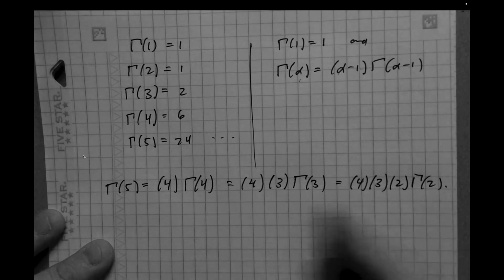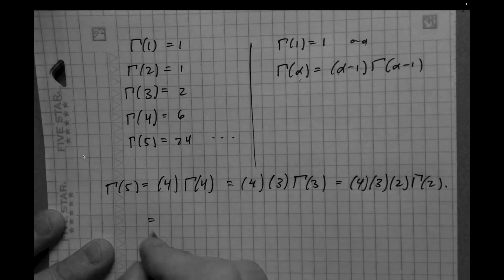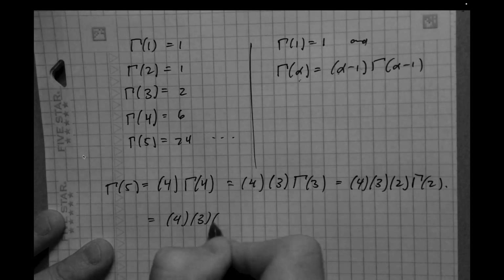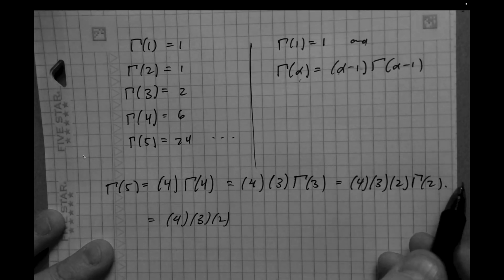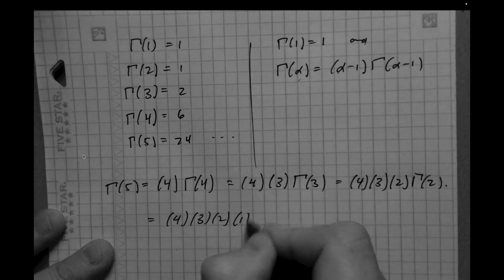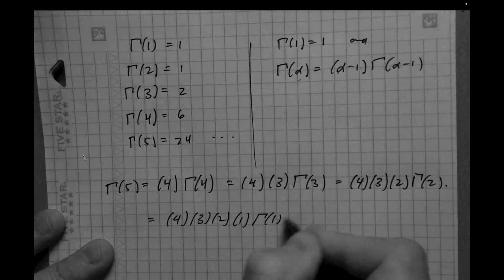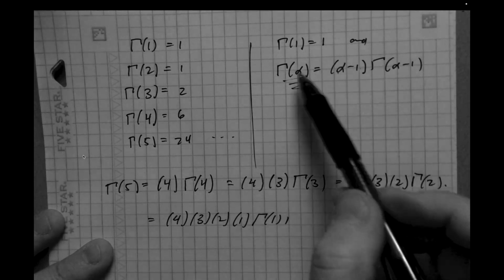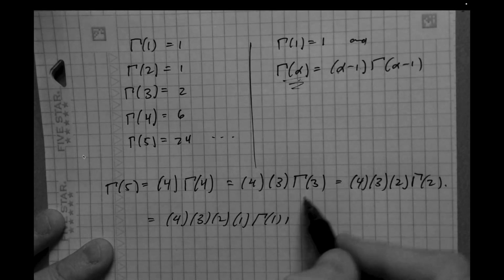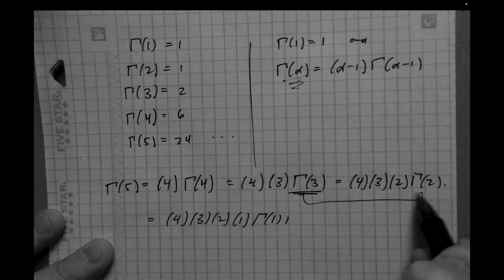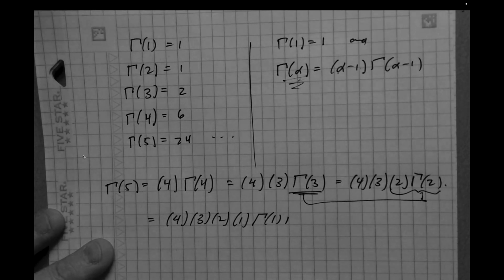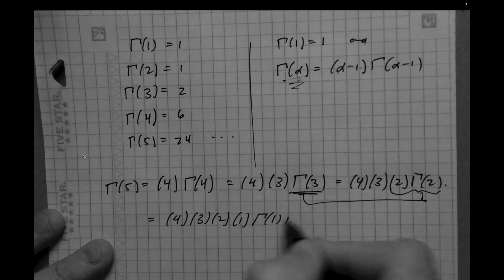And what's gamma of 2? Well, bringing the 4, 3, and the 2 forward, we get 4 times 3 times 2, and then it's going to be 1 times gamma of 1. So each time I'm just applying this rule, right? And of course gamma of 1 is 1.